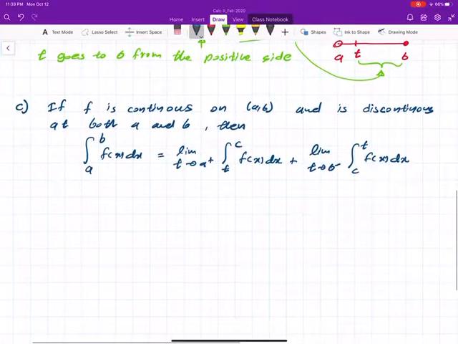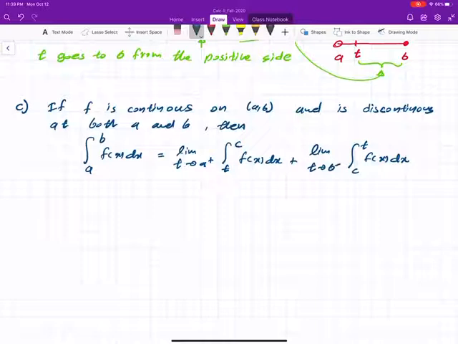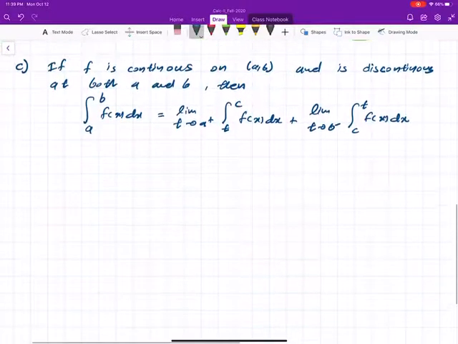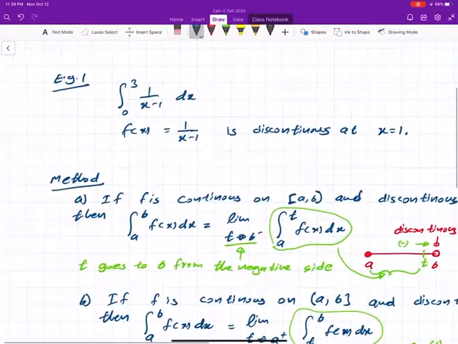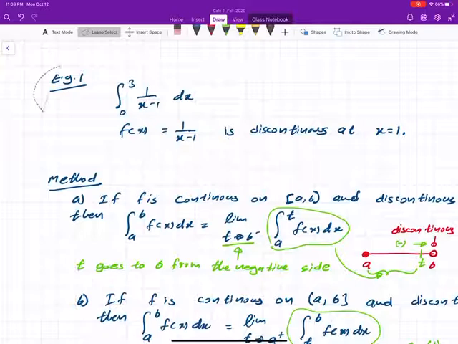Alright, let's move to examples so you can understand this very well. The first example you have is right here. I gave you the example early. Let me copy this example.